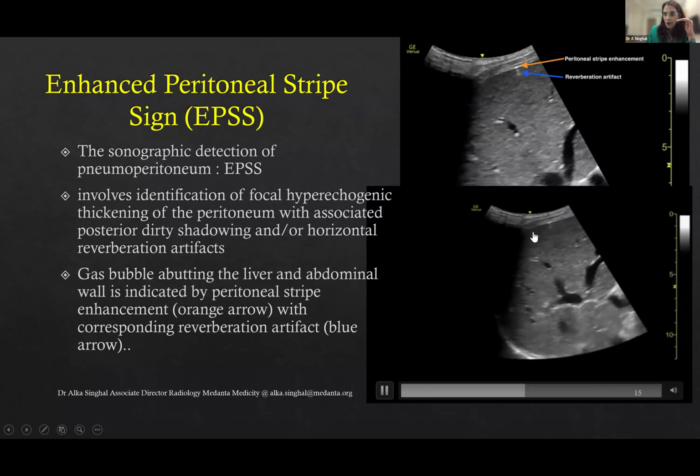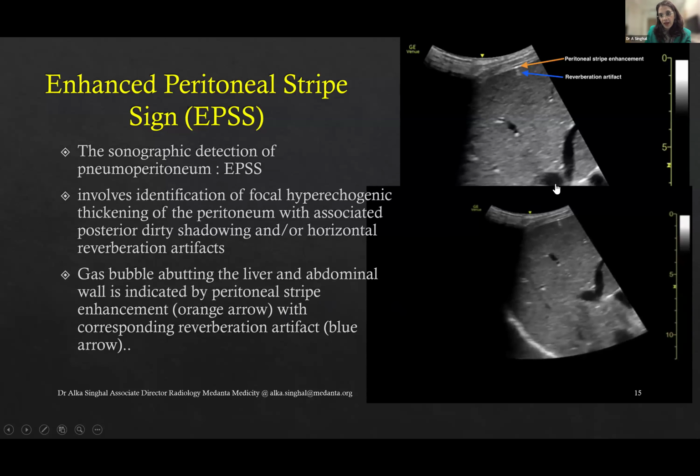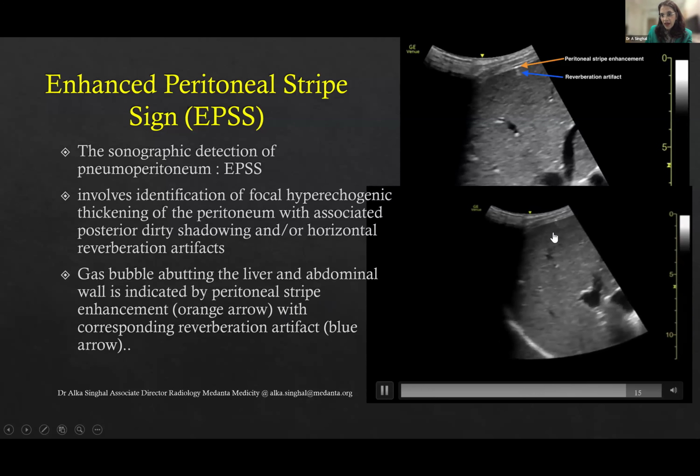And then you also see the horizontal reverberation artifacts, and the gas bubble with the corresponding reverberation artifact. These subtle signs are suggestive of free air. So be aware of these in a setting of high index of suspicion of perforation or rupture.